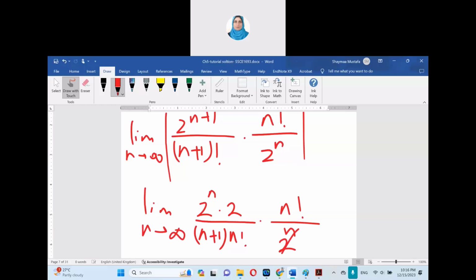Times n factorial over 2 to the power n. So this will cancel with this. This one will be cancelled with this one. So 2 over infinity, which is 0, less than 1, which means converge. So usually, if you have a power or a factorial, go for the ratio test. Sometimes the divergence test also works, but for the integral test, be careful. You have to check first that it is decreasing, positive, continuous.